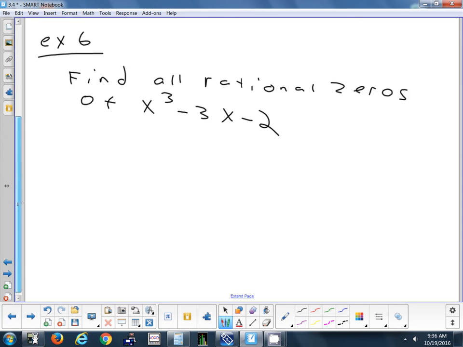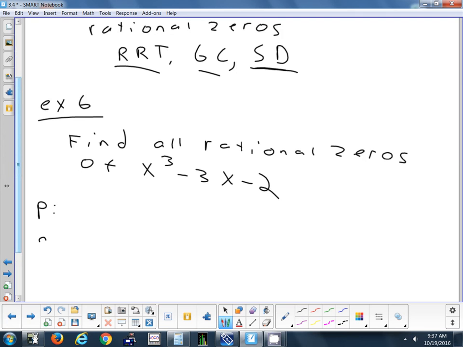All right, so let's start by making a list of all the possible rational roots, and there's not that many in this problem. Okay, P is going to be all the factors of what number? The constant. Okay, P is going to be all the factors of -2.